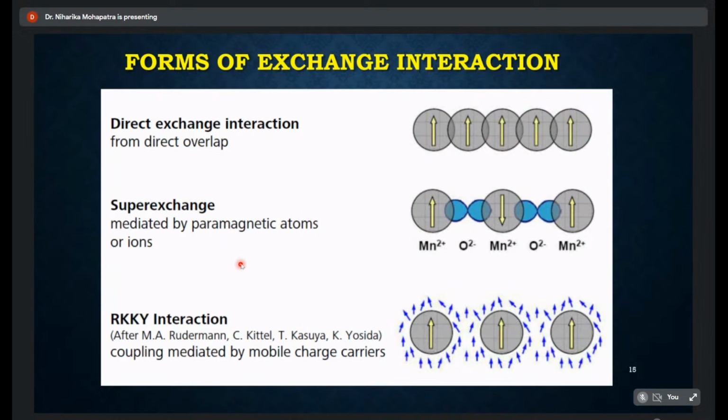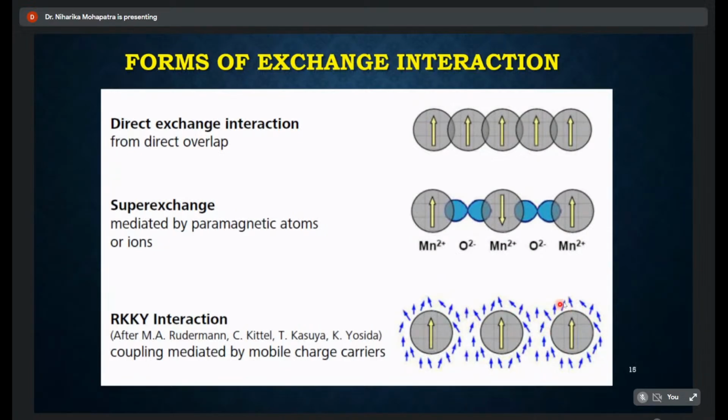All those interactions apart from direct exchange are indirect types of exchange interaction, and those are mediated by the ligand ions, or in case of RKKY interaction, this interaction is mediated by the surrounding conduction electrons.